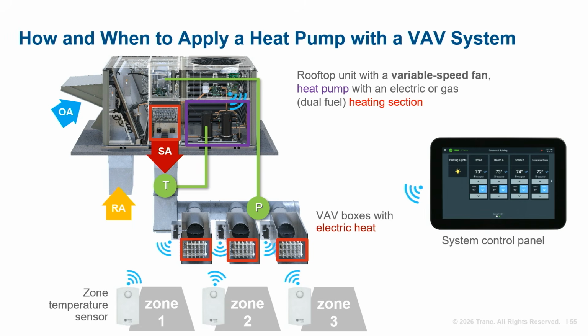If this is the case, the rooftop unit might use an SCR electric heater to temper this cold mixed air up to the supply air set point, say 60 degrees, or in the case of a dual fuel heat pump, a modulating gas heater could be used for this. We discussed unitary heat pumps in greater detail during the 2024 E&L titled Modern Unitary Heat Pump Applications. It's listed in the bibliography.